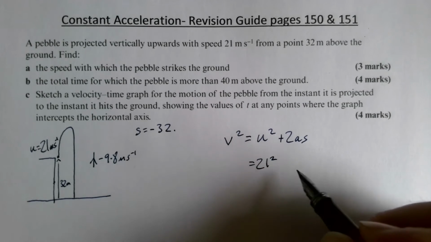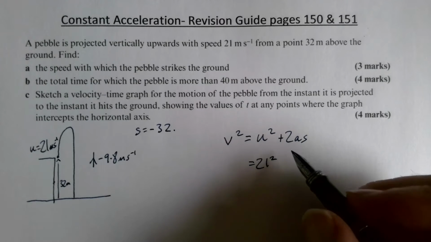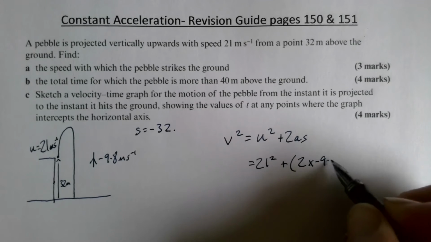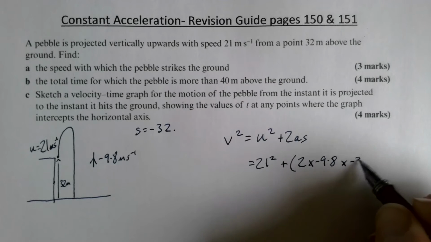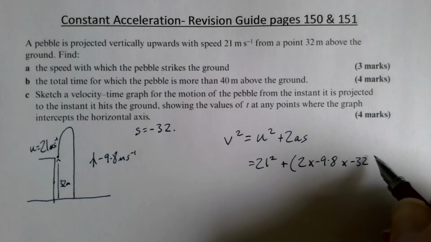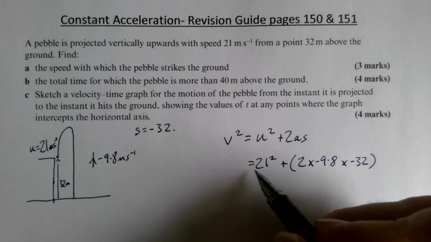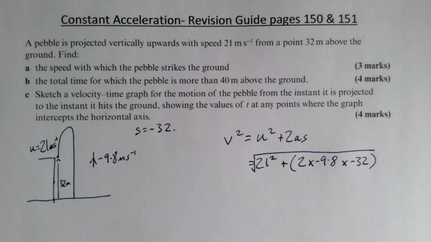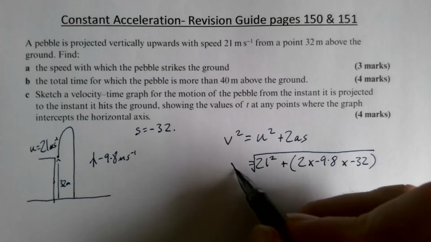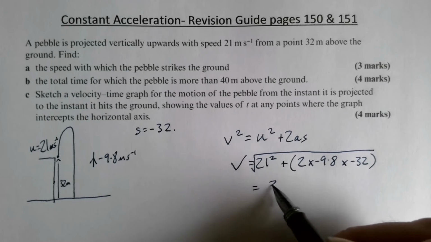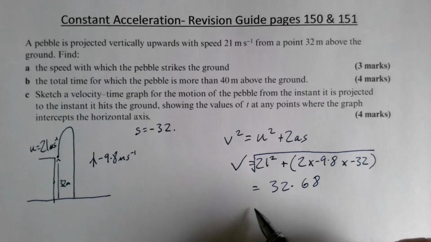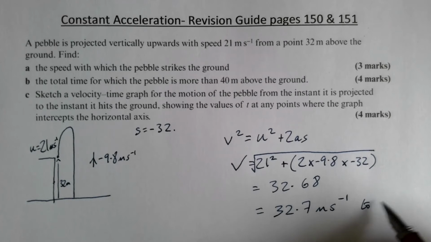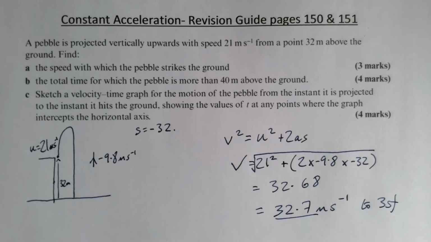Putting in 21 squared and 2as to be 2 times negative 9.8 times negative 32, which will get rid of our negative there, won't it? And then we're going to have the square root of all that to find v, which should give you 32.68 something, which is 32.7 meters per second to 3 significant figures.